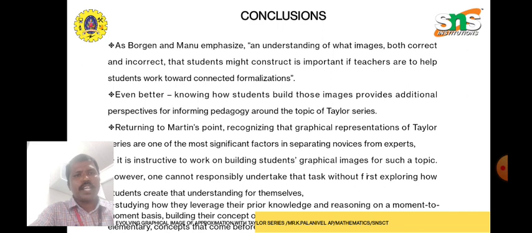Returning to Martin's point, recognizing that graphical representations of Taylor series are one of the most significant factors in separating novices from experts, it is instructive to work on building students' graphical images for such a topic. One cannot responsibly undertake the task without first exploring this.